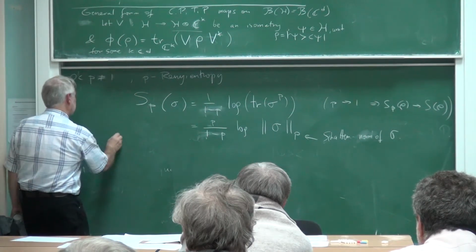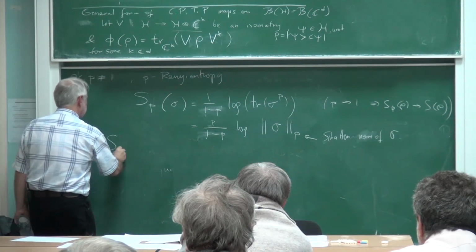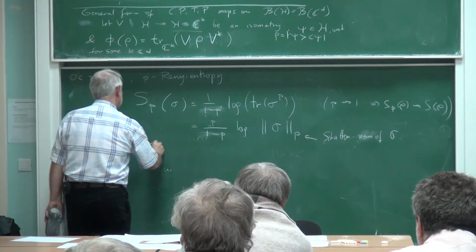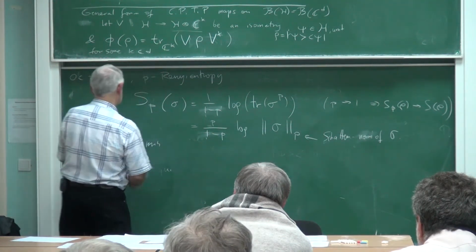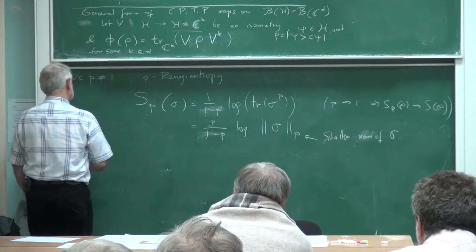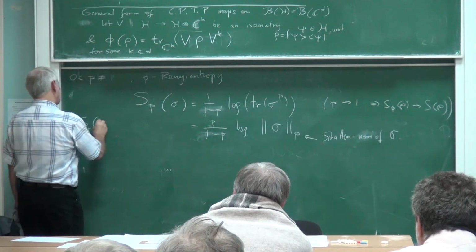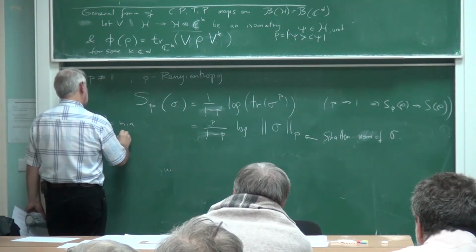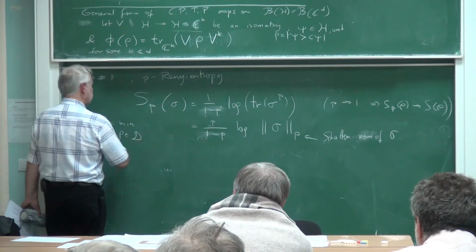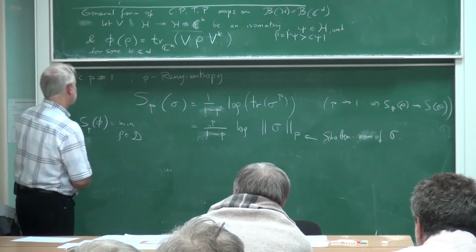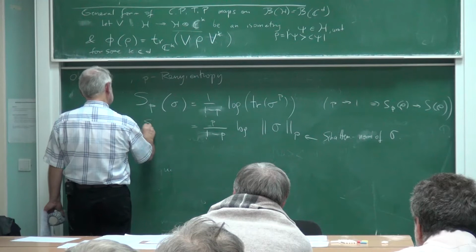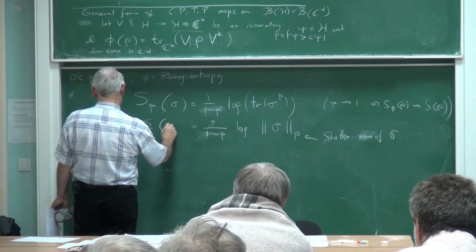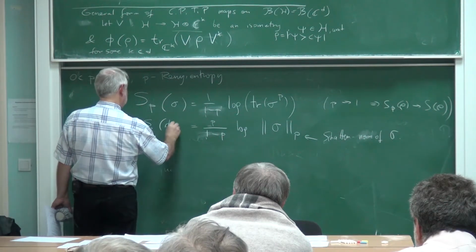So you define S_p minimum of phi as the minimum over rho in D, whatever the space is, of S_p of phi of rho.